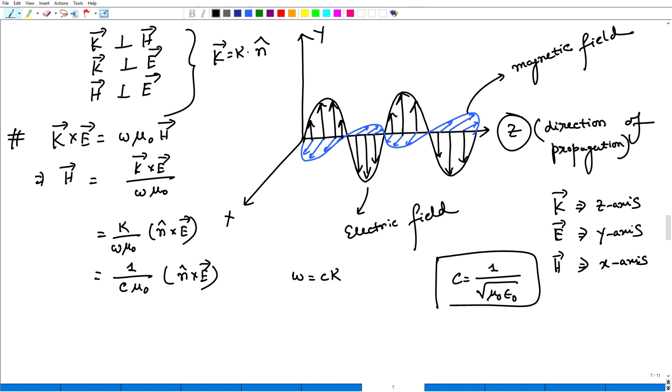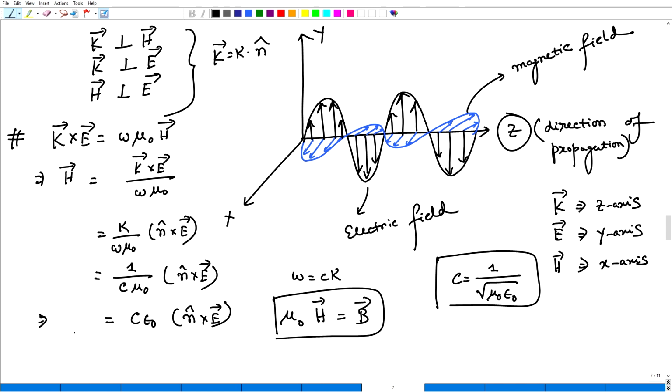So, from here we can write that it is also equal to c epsilon naught n times E, and again mu naught H equals B.